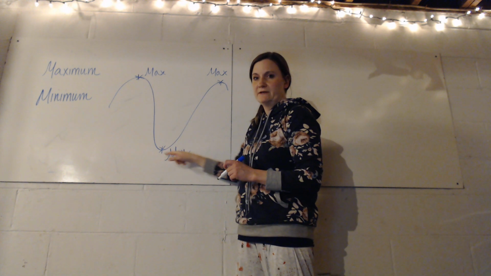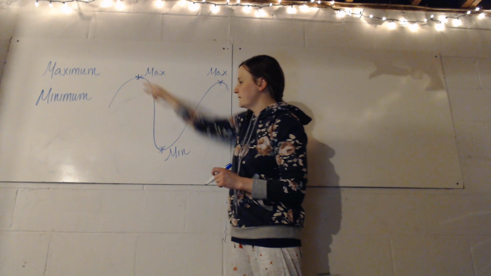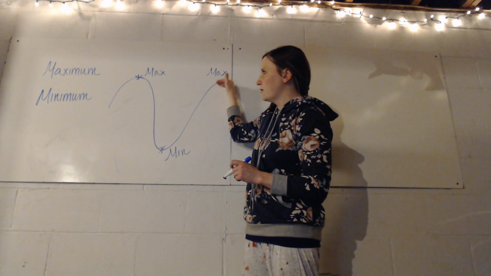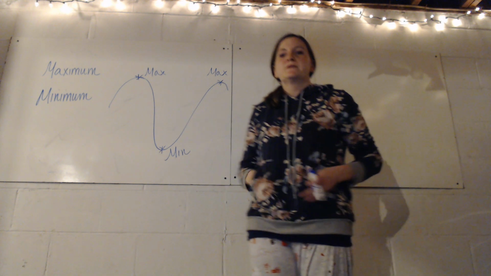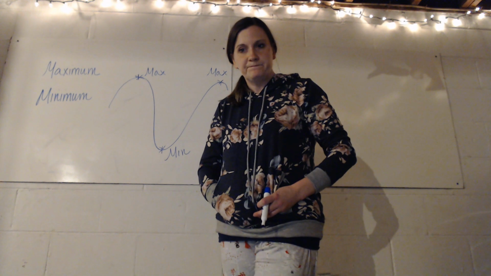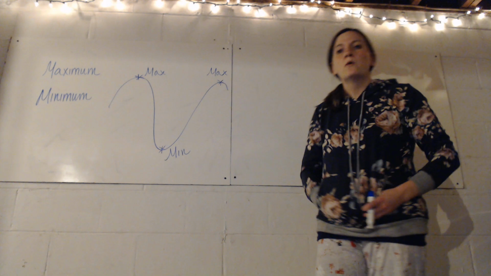Or here negative to positive, so on and so forth. And so the tangent line to this curve at all three of these, what we would say critical points, is 0. So a critical point by definition is a place where the derivative of a function is 0 or undefined.